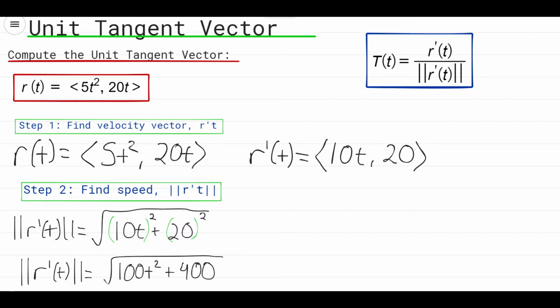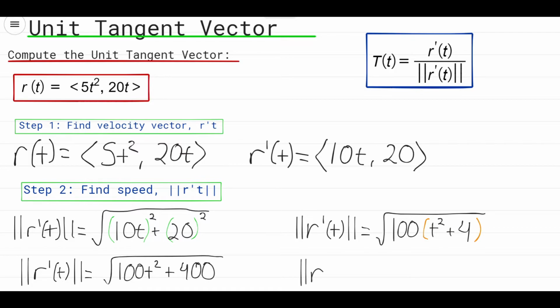Now we can factor out the 100, leaving t squared plus 4. Then we can take the square root of 100, which is 10, and simplify. Thus our magnitude comes out to be 10 square root of t squared plus 4.